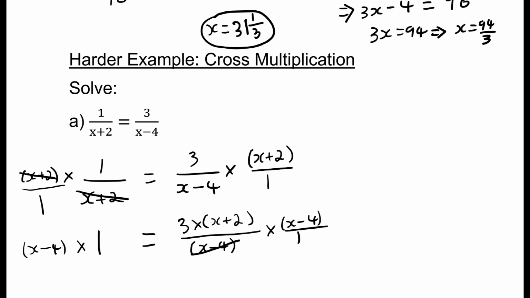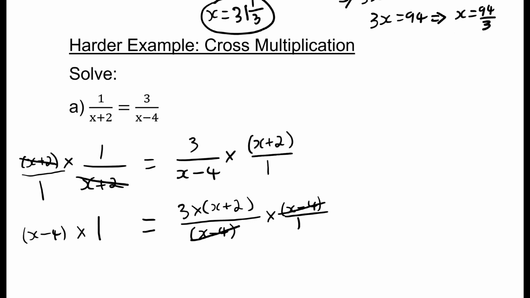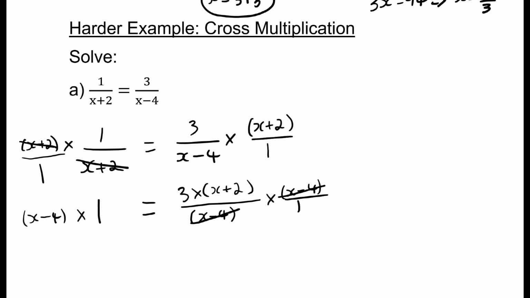This will make the x minus 4 on the denominator at the right-hand side cancel. A lot of the time we will just do this in one go, so you'll just multiply by x plus 2 and x minus 4 in one go. That's why it's called cross multiplying, because it's sort of like a cross. You're moving one to the right side, one to the left side if you like.